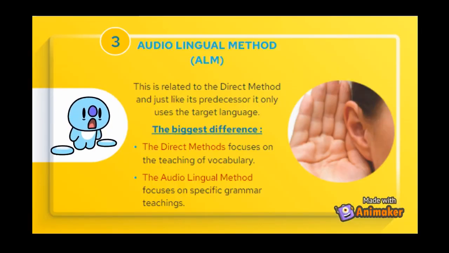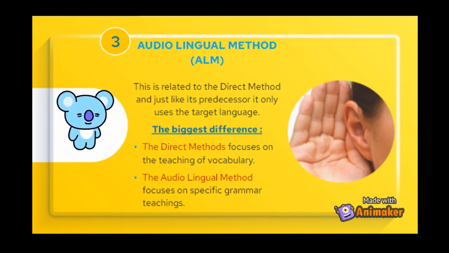Number 3. The audiolingual method, or ALM. The audiolingual method, otherwise known as the Newkey method or Army method, is based on a behaviorist theory that things are able to be learned by constant reinforcement. However, just like in the army when someone behaves badly, or in this case bad use of English, the learner receives negative feedback, and the contrary happens when a student demonstrates good use of English.